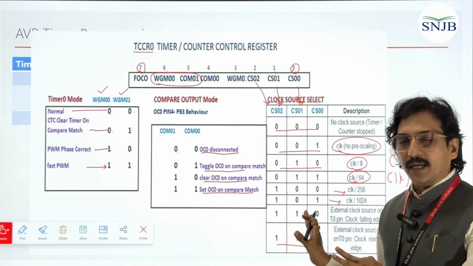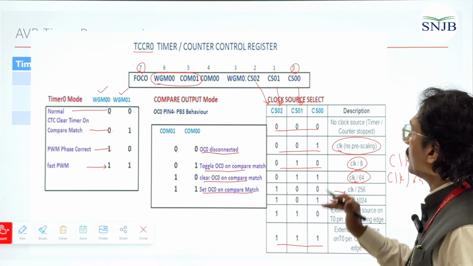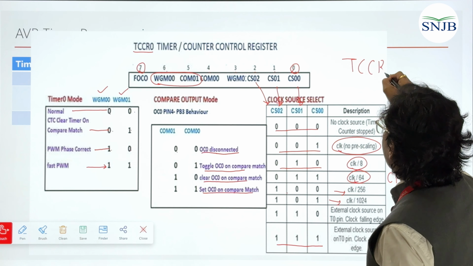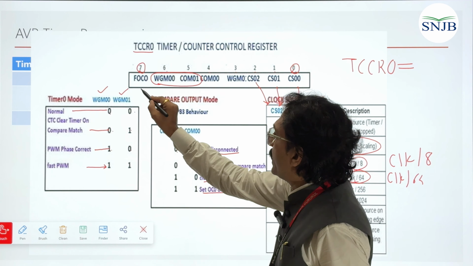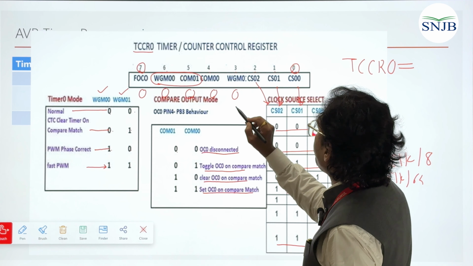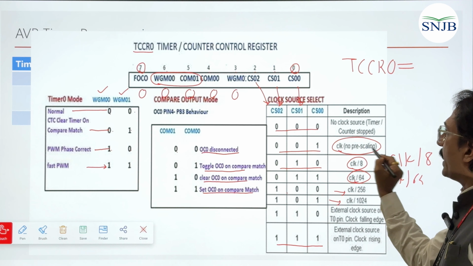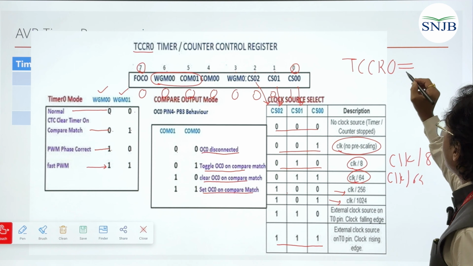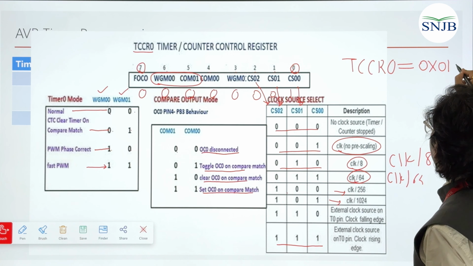This is the only thing you have to remember, in a very simple way. What is the thing to remember? TCCR0 equals the rest 0, 0, 0, 0, 0, and as per these three bits, no prescaling, which means 0 0 1. So in TCCR0 we have to put 0x01.